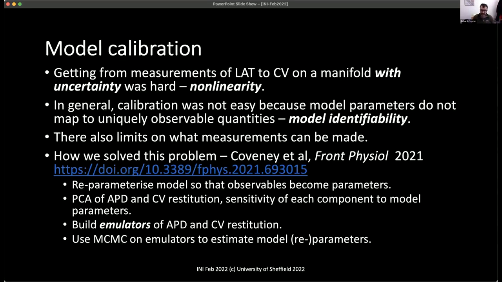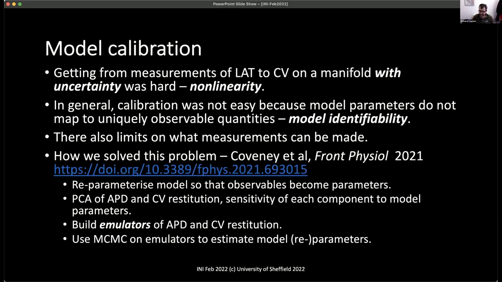And we did this by doing principal component analysis of this dynamical property, and then understanding how each of the components that were produced by PCA were sensitive to model parameters. And this allowed us to then build emulators or surrogate models of this dynamical behavior.